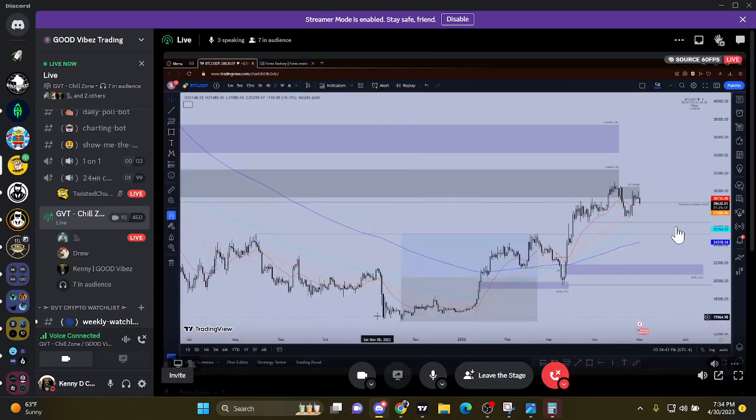Long-term low, intermediate term low, intermediate term low, short-term high, short-term high, break that, short-term high, break.